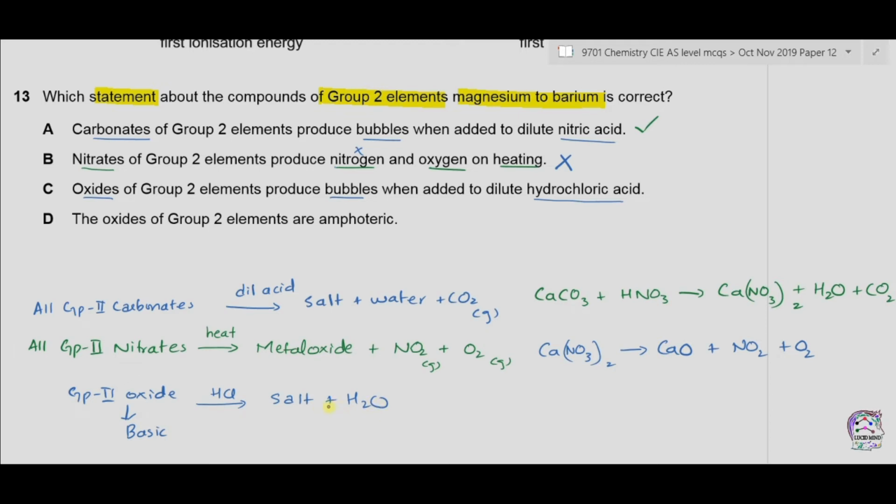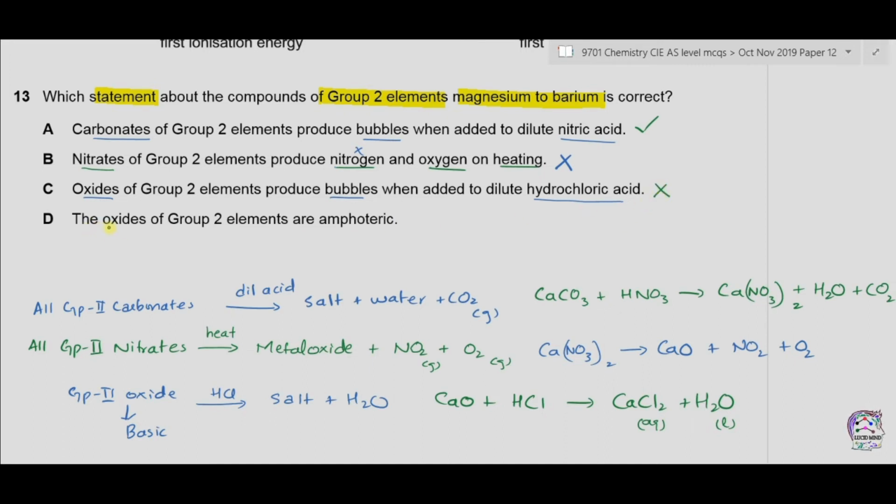As no gas is being produced, no bubbles will be seen. For example, calcium oxide will react with dilute HCl to form calcium chloride along with H2O. Calcium chloride is aqueous and water is in liquid state. So option C is also incorrect.